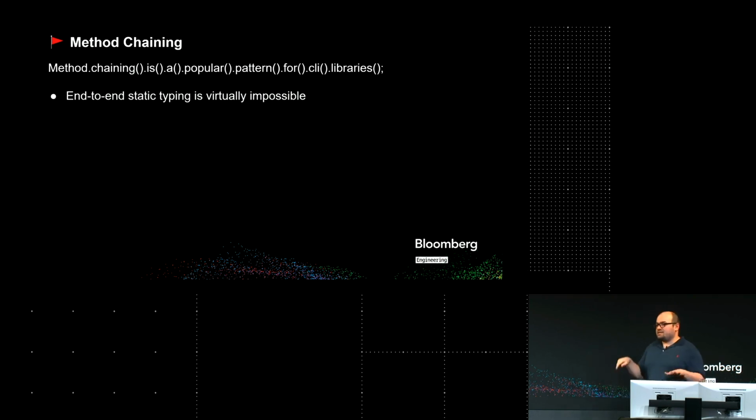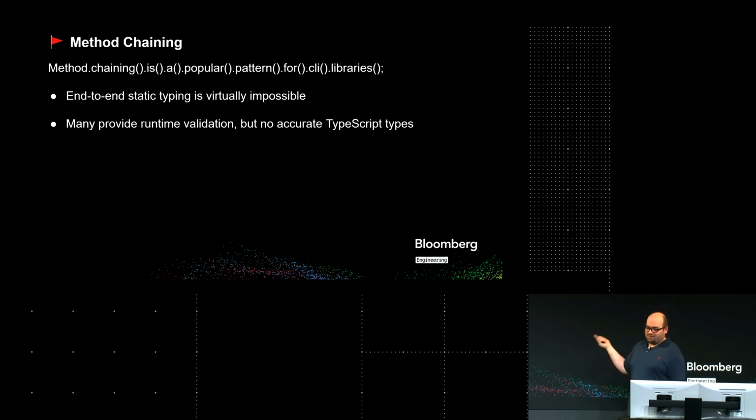But a lot of the existing CLI libraries were built to match patterns from, say, Python, where this is how things were built up, like a builder pattern, and there wasn't really much consideration for how this would work with TypeScript types. Like I said, these would provide runtime validation, but there wouldn't really be accurate TypeScript types.